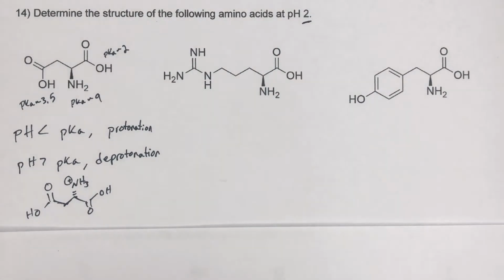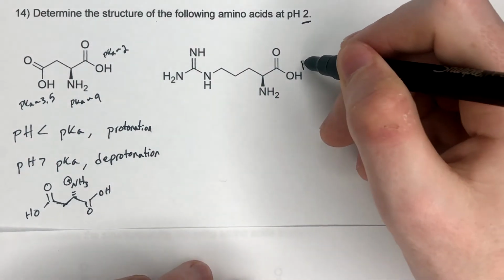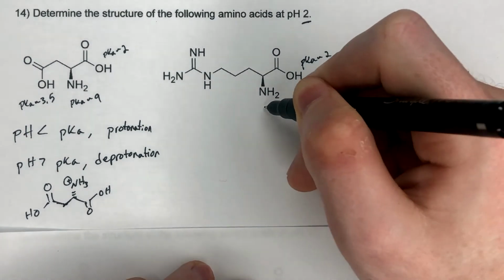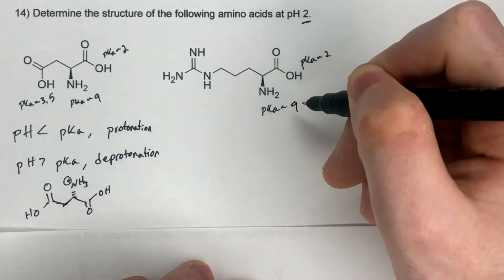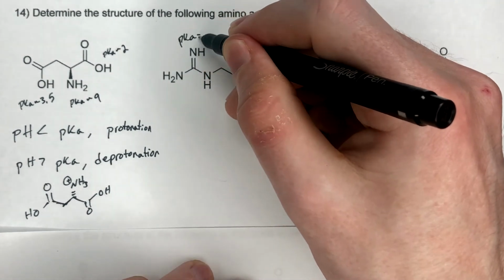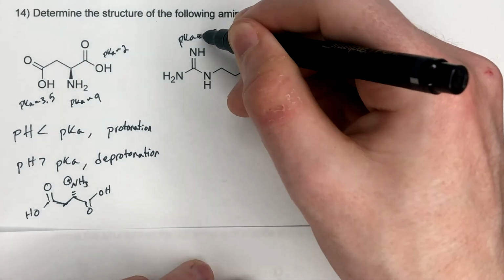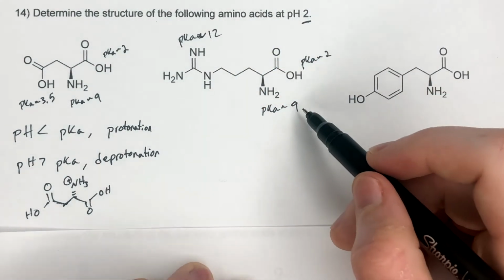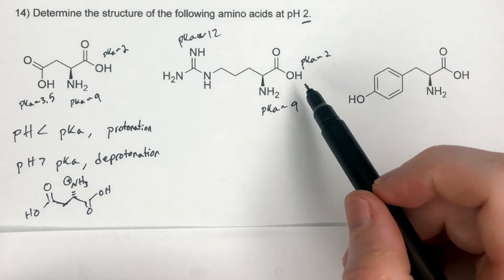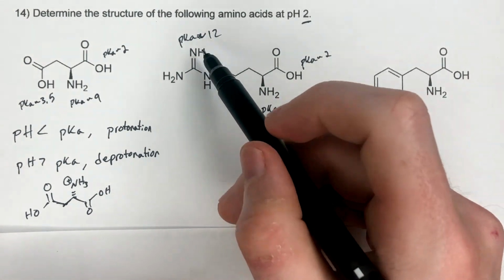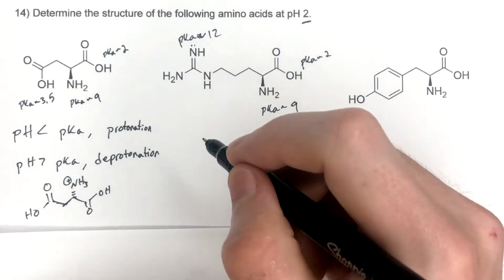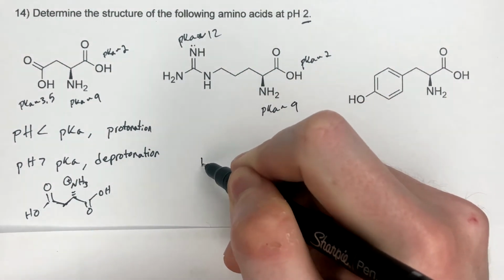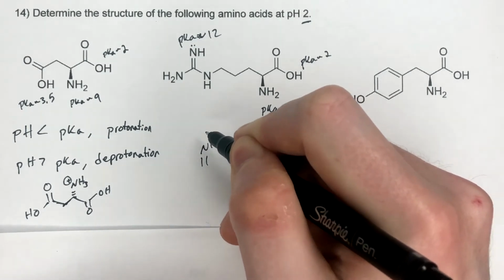Okay, now moving on to arginine. Arginine has a pKa of 2 here. Again, I'm saying that they're all going to be protonated. All the alpha positions are going to be protonated at 2. And this is a pKa of about 12. All right, so what we're going to do then is protonate everything that's possible. So what's going to get protonated first here is going to be the sp2 hybridized nitrogen, excuse me.